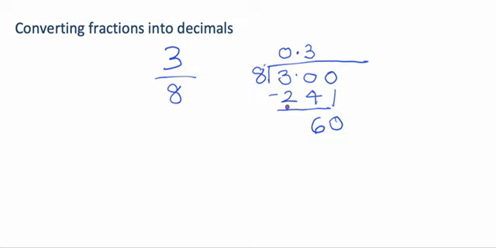Now, how many times does 8 go into 60? And the answer is 7 times. And 7 times 8 is 56. And then you take 56 away from 60, which gives you 4. And then you pull down another 0 from here.